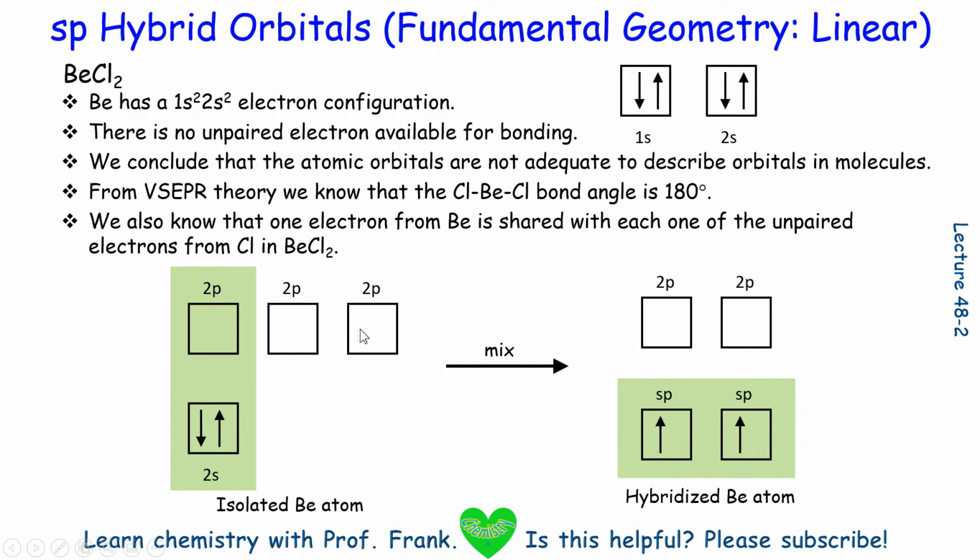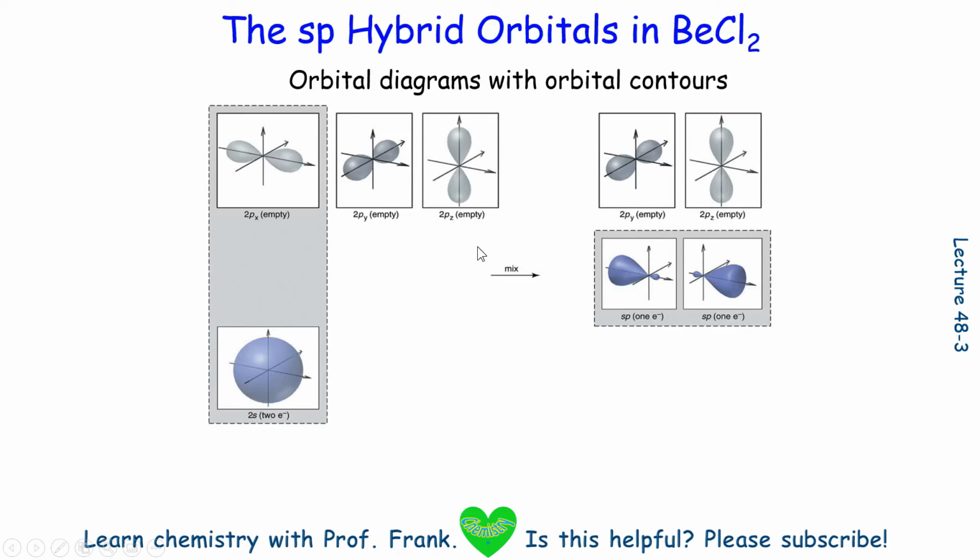Those two 2p orbitals remain unhybridized. Please note that after the mixing, the energy of the hybridized orbitals is lower than the energy of the atomic orbitals. Let's take a closer look at the formation of the BeCl2 molecule.